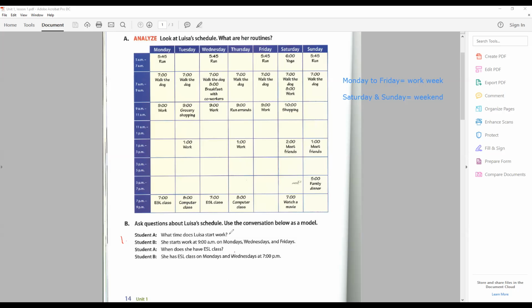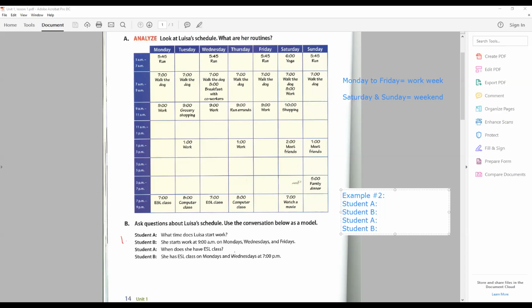Okay, that's one example. Okay, I want you to give me 3 more. Okay, so we will actually do 2. We will do number 2 together. Okay, so for example, on the back of your paper or on another piece of paper, I want you to write 3 more conversations.